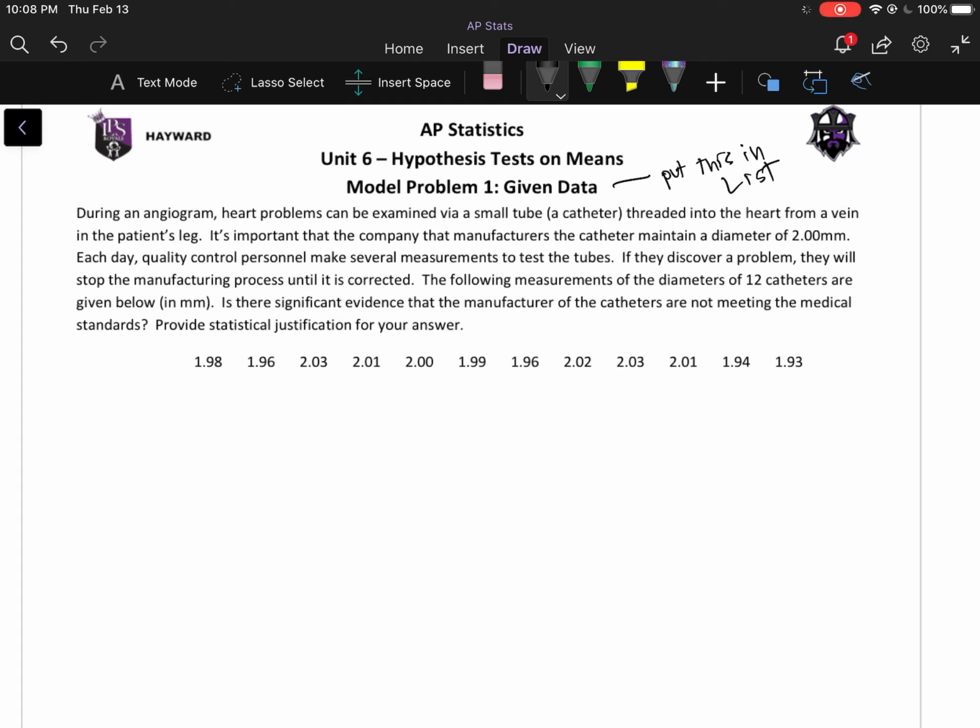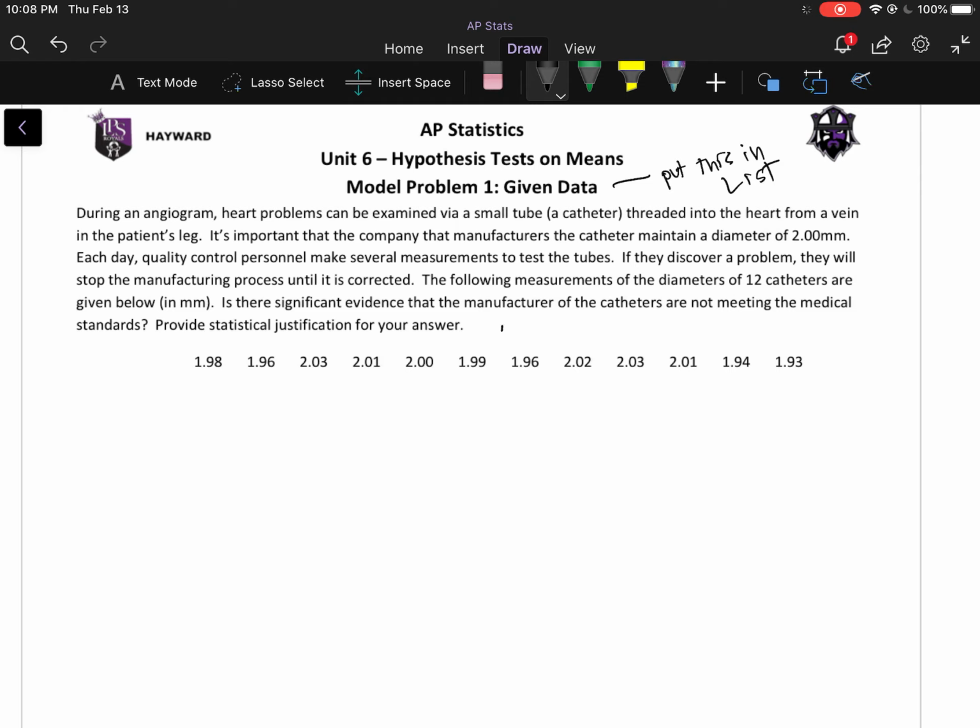If they discover a problem, they will stop the manufacturing process until it is corrected. The following measurements of the diameters of 12 catheters are given below in millimeters. Is there significant evidence that the manufacturer of the catheter is not meeting the medical standards? Provide statistical justifications for your answer.